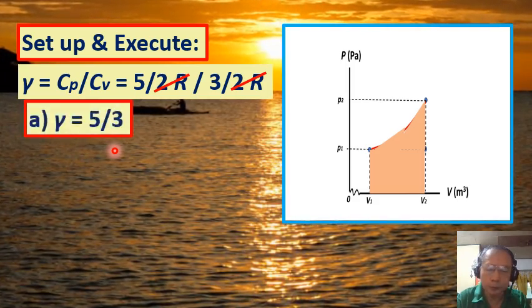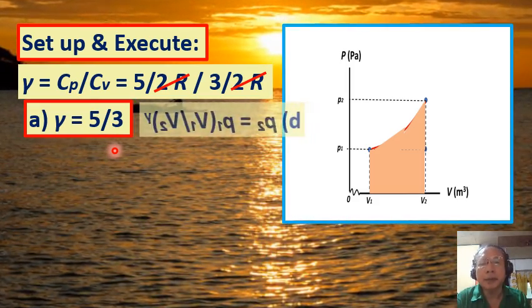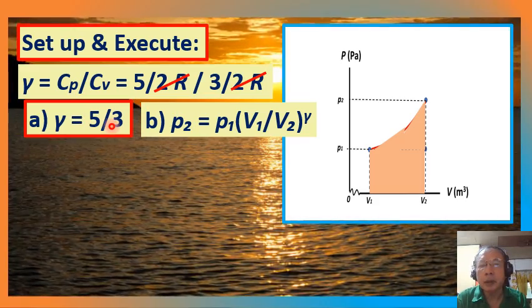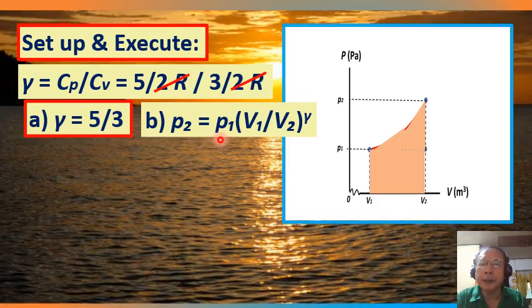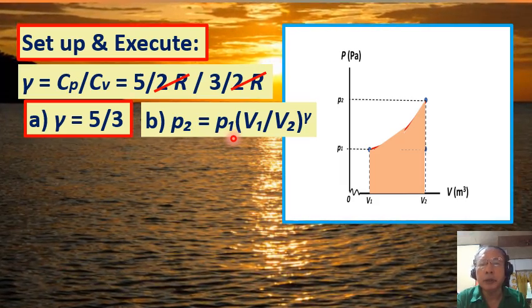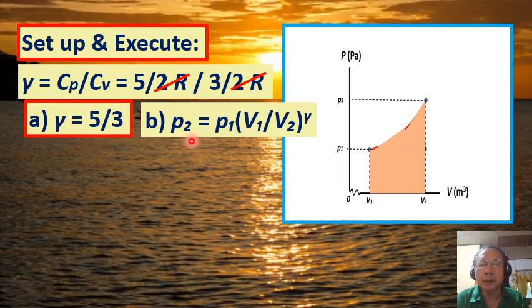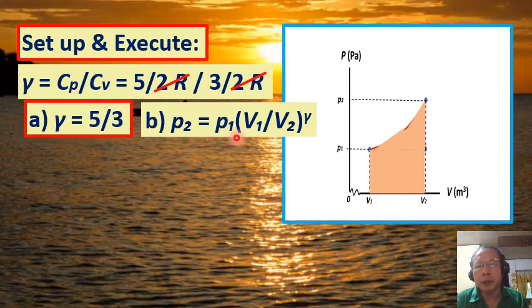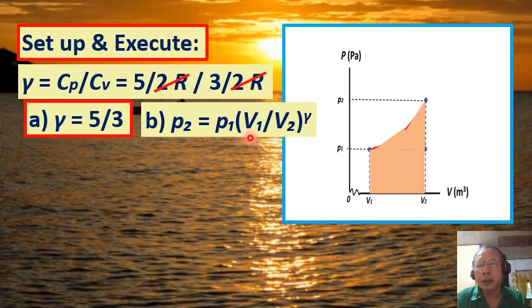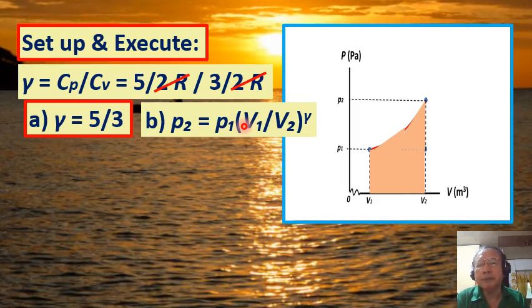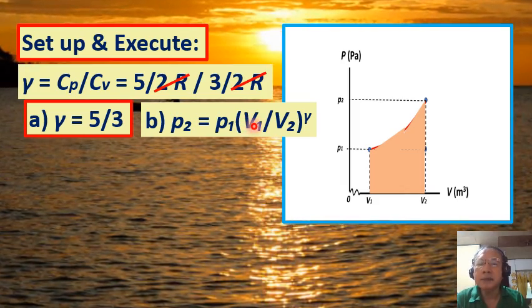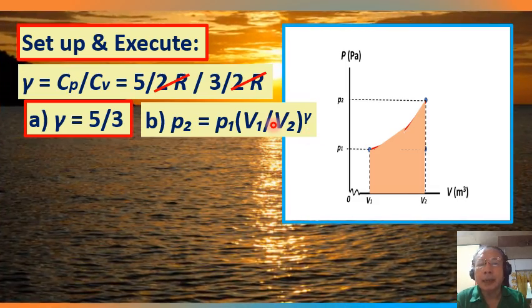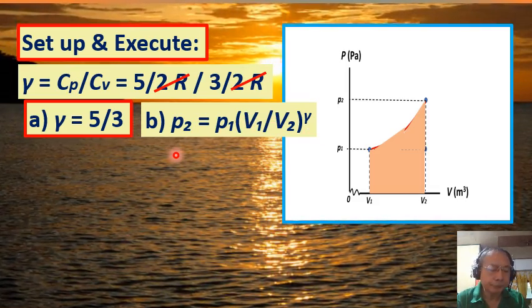All right. So in part B, computing for the final pressure P2, we use this formula where P2 is equal to the product of the initial pressure P1 and the ratio of the quantity V1 over V2 raised to the power gamma.